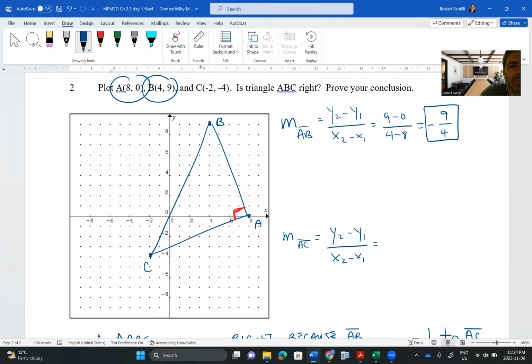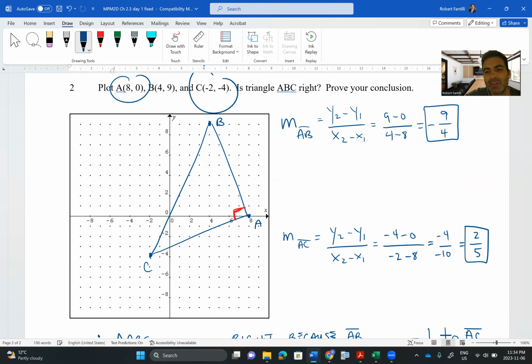AC, now we're using these two coordinates. And we have y2 minus y1, which is negative 4 minus 0 over negative 2 minus 8. So that's negative 4 over negative 10, which can both be divided by negative 2. So that's going to be 2 over 5.